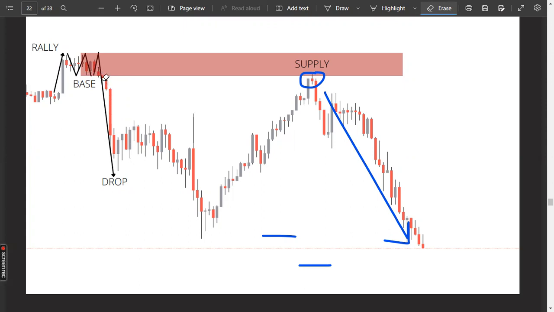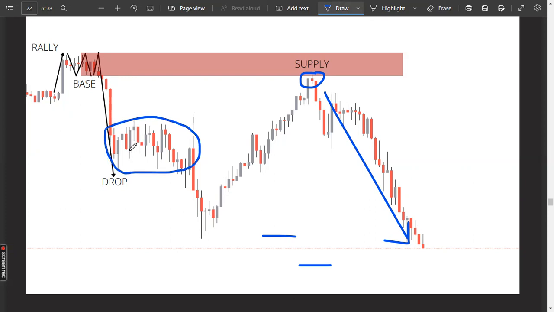This is showing us strong momentum from here, 1, 2, and there are not many wicks. The candles formed are not candles with a lot of wicks. But look at this area. You have to see a strong momentum. A strong momentum is a momentum without many wicks. You see here we have a lot of wicks.